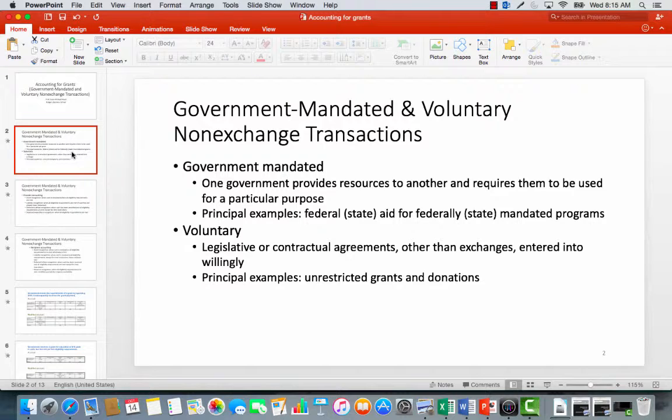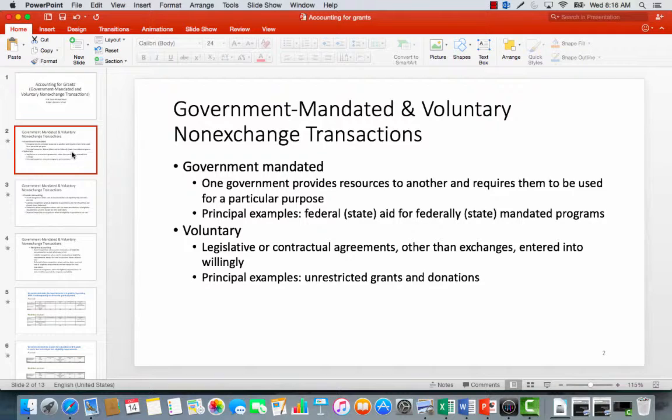In government-mandated non-exchange transactions, what we're typically talking about here are expenditure-driven categorical grants in which one government is providing resources to another, or a non-governmental entity is providing resources to a government with a specific purpose attached.